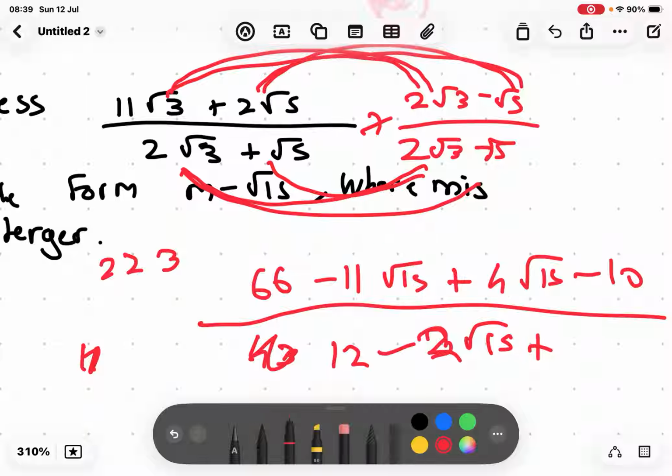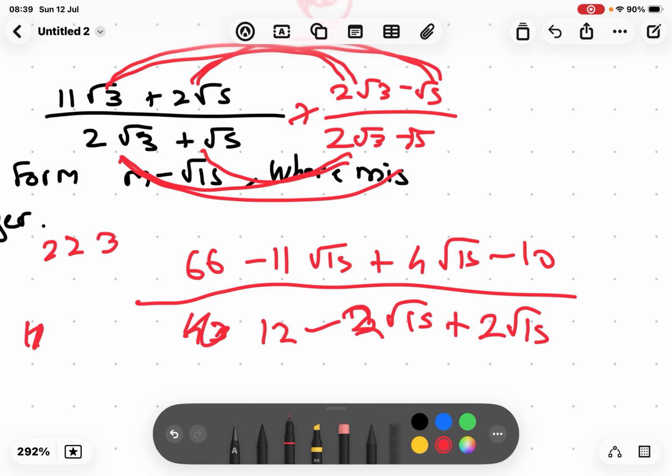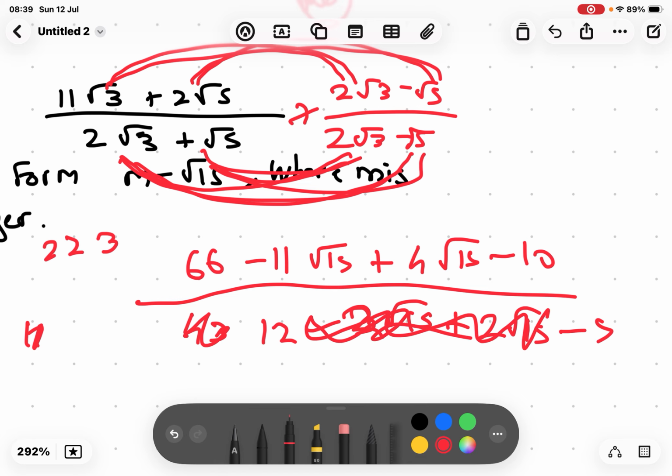It's a 2. Plus 2 root 15, and then this times this, and then this times negative 5. Yeah, and then these two cancel, so we have this left, and that's going to be 7. Yeah, and then we have to simplify all of this top mess.